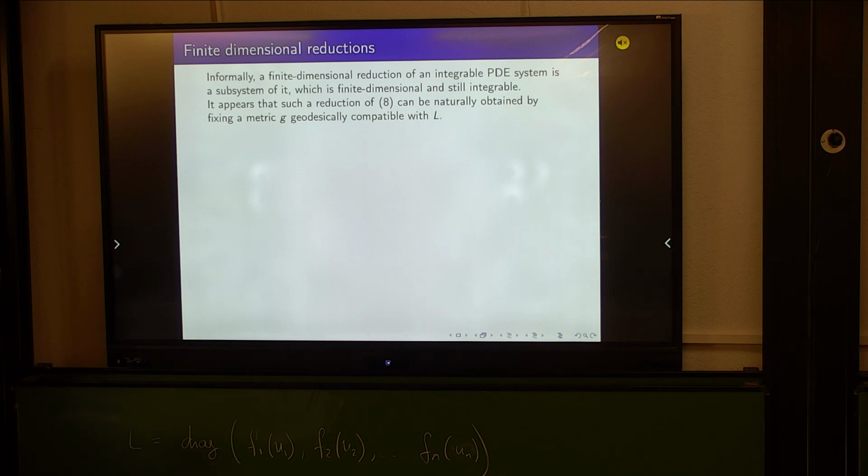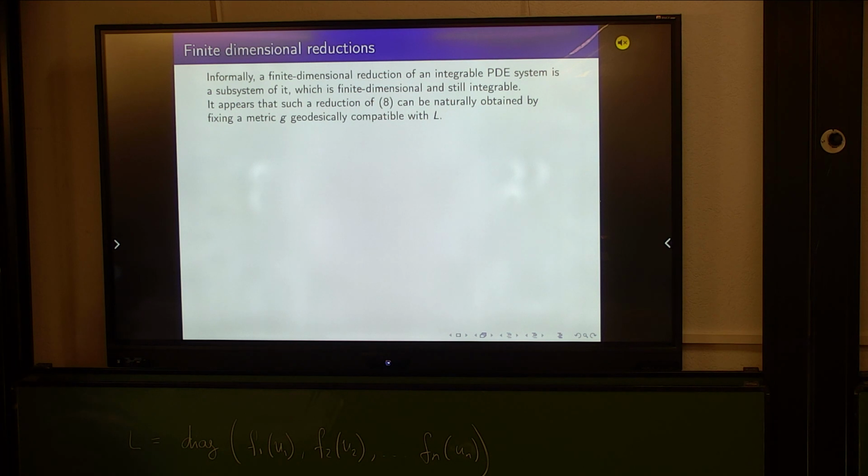They find certain finite dimensional subsystems such that we can integrate this finite dimensional system and in this way obtain solutions of the infinite dimensional system.